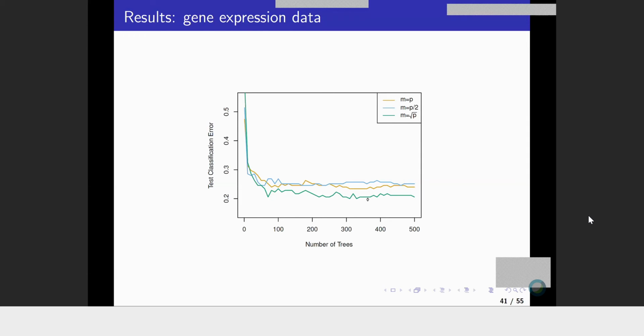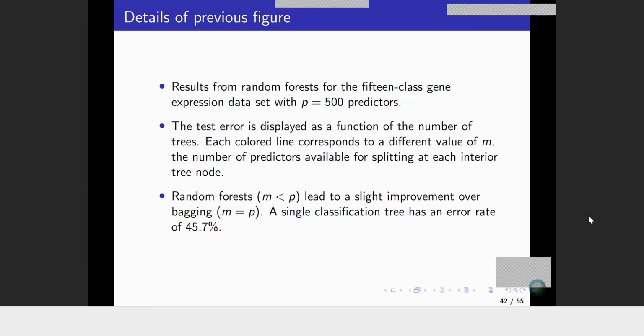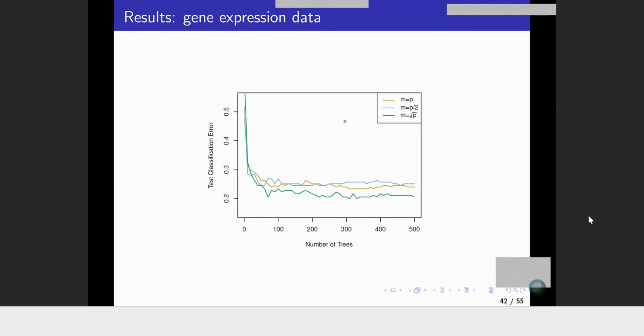Okay, this is a little bit of detail of this graph. This is the result we got. Here P is only 500, so P over 2 is 250, and the square root of P is around 22, 23, in the 20s.